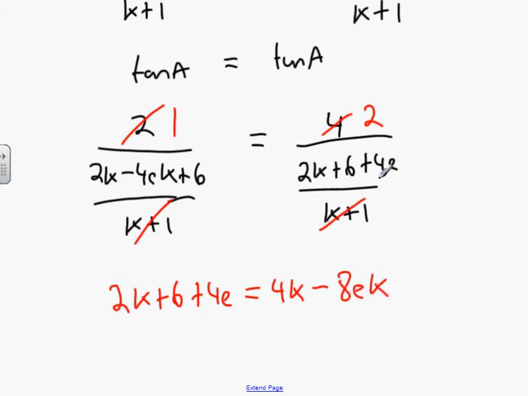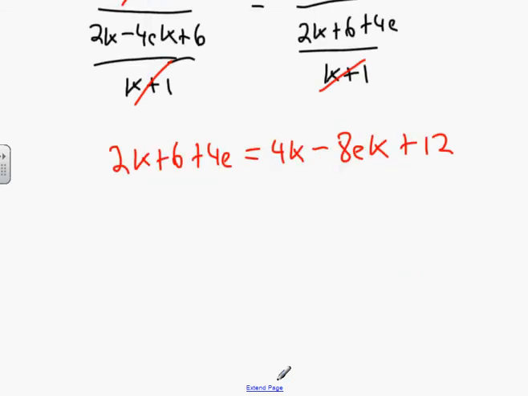The point of the question is to get e on its own, right? So e on its own, bring the 8ek over the other side. 4e plus 8ek ends up being 4k plus 12. Bring over your 6 and bring over your 2k.